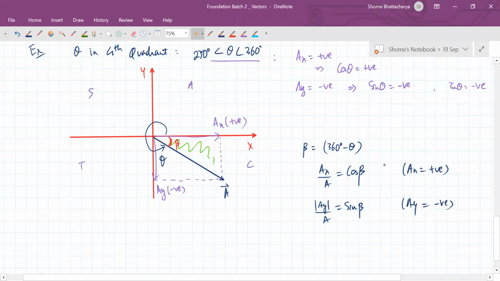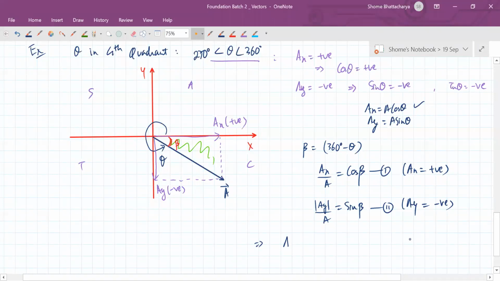Okay. So now you compare your first equation and your second equation with this concept. So compare this with this, so you get ax, which is a cos beta, is equal to a cos theta.